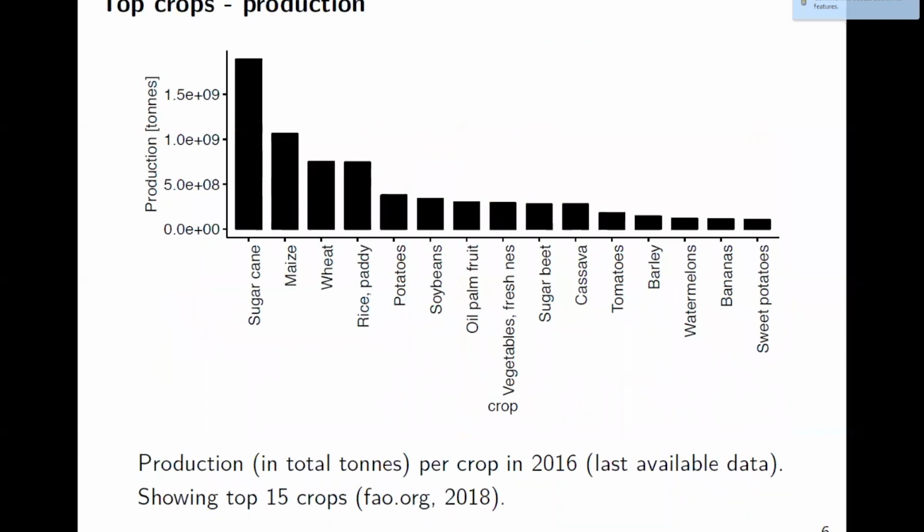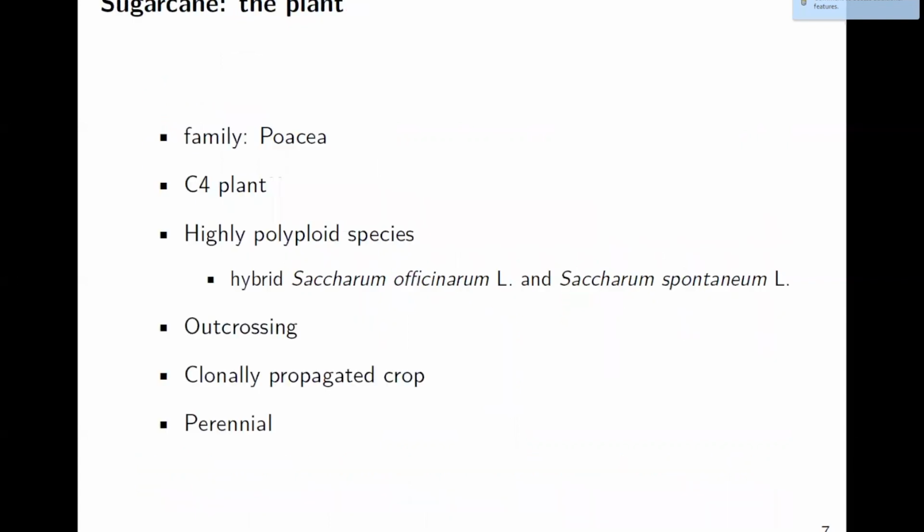And despite not being among the 10 most planted crops in the world in terms of area, it's the one that produces the most in terms of total production.